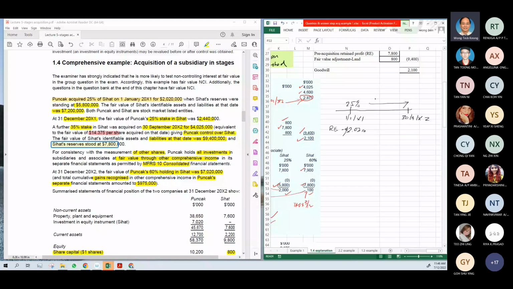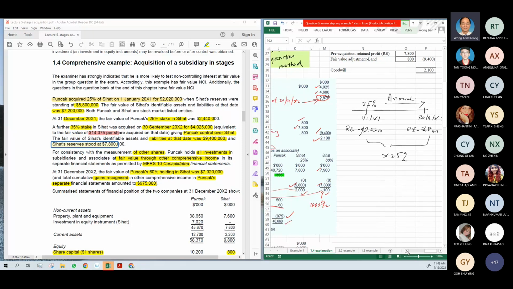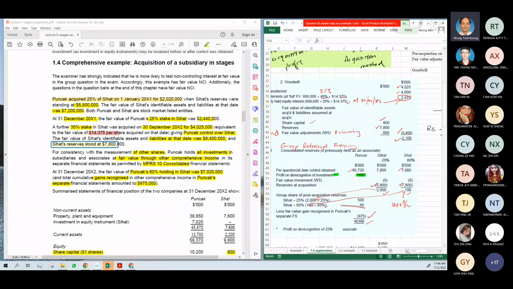After this, it becomes a subsidiary, you can't share. At this stage, the reserve is 4.8 million. So how much is the post-acquisition? The difference between these two, then you can share 25%. Follow? You must know the change in net asset is because of change in profit.